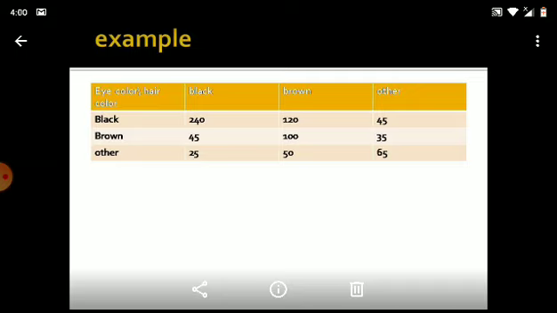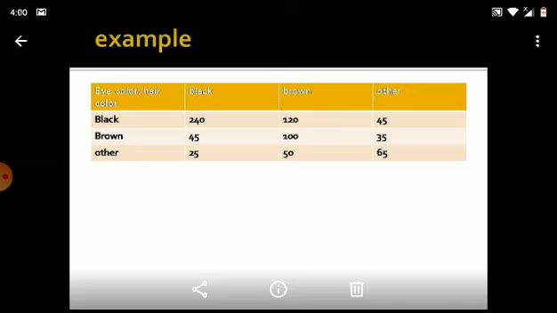For example, the first frequency, 240, relates to those people who have black eye color and black hair color. The next value, 120, counts those people who have black eye color and brown hair color. And the third one is for black eye color with other color of hair.